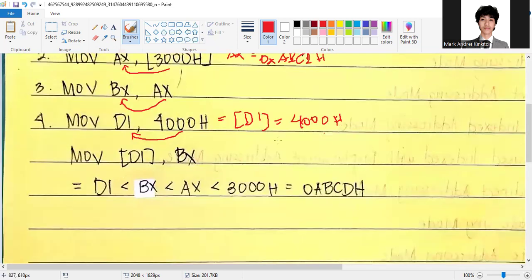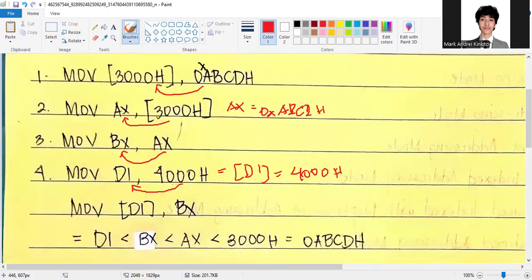Now, we move DI. Let me explain first. Number 2 retrieves this value using direct addressing mode and stores it in AX.